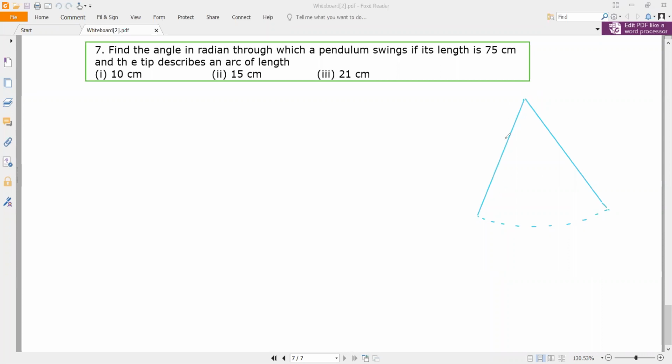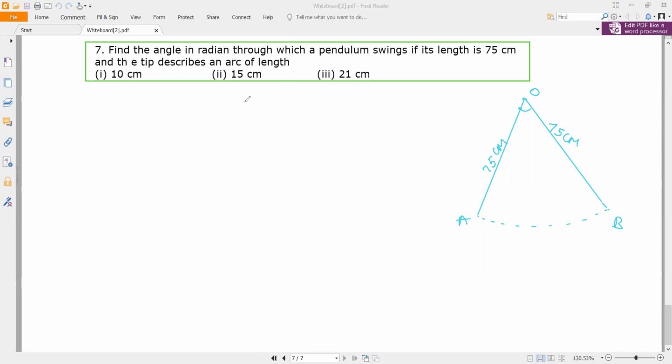So if this is the length of the pendulum, according to the sector which is formed, this length of the pendulum becomes its radius. This is given to be 75 centimeter. Same, this will also be 75 centimeter. Let this point be O, this is A and this is B. So pendulum OA is swinging from OA, its original position, to OB position and back.